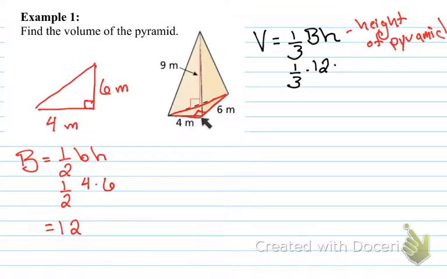It's given there in pink, and it makes a 90 with the ground, so I know that's a straight up and down, so I know it's 9. Okay, so I'm going to take the 1/3 times the 12. 1/3 of 12 is 4. Times 9 gives me 36.